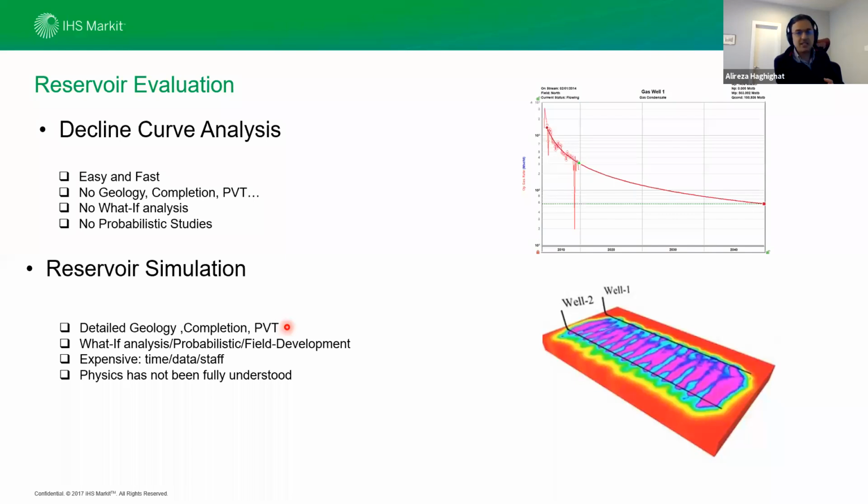You need detailed geology, detailed completion, PVT, core, log, a lot of input parameters. So these are expensive and time consuming. Besides that, sometimes you need expensive software. You need experienced people. You need enough time. Building and history matching these models is time consuming. So you need manpower and time. So this makes this process a little bit impractical on some occasions.